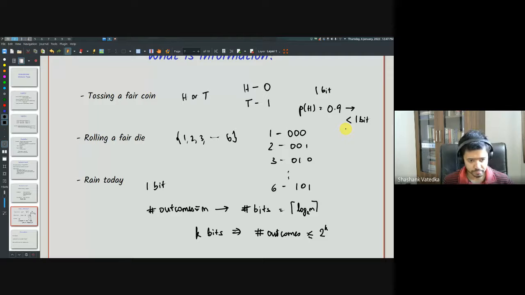So we'll explore these ideas of information and what it means to store information, to transmit information, and how much information you get by estimating or communicating across a medium.